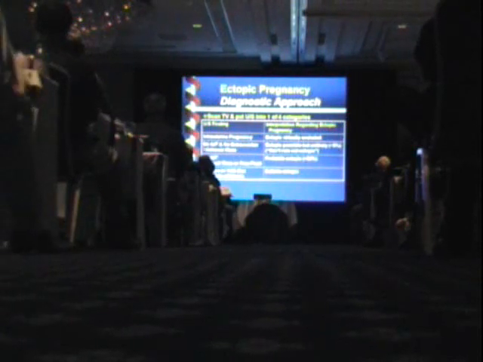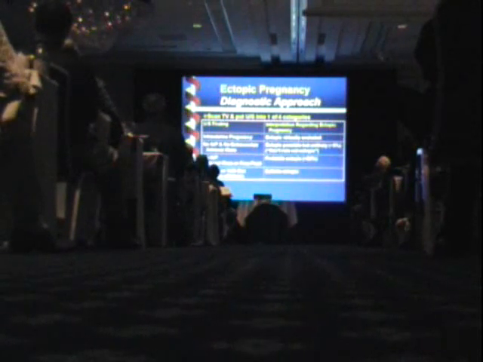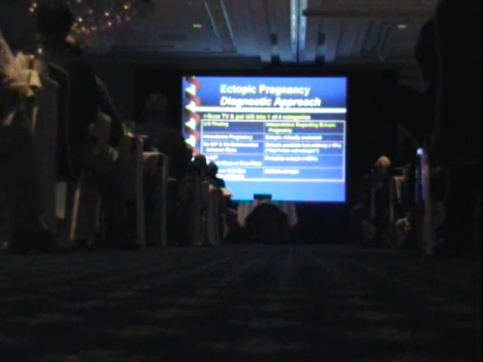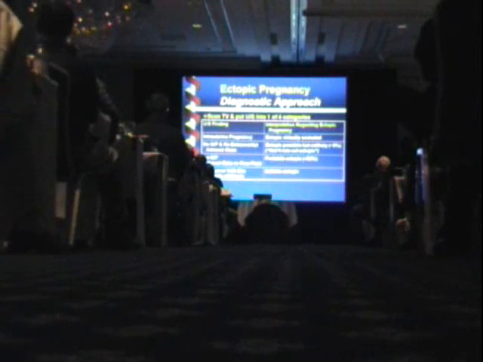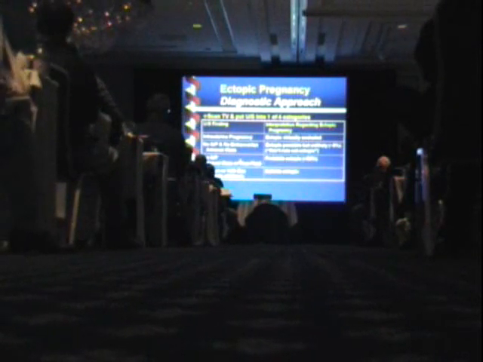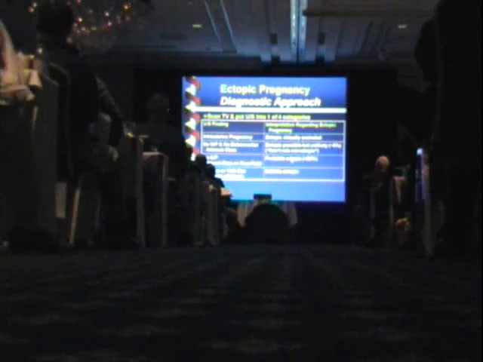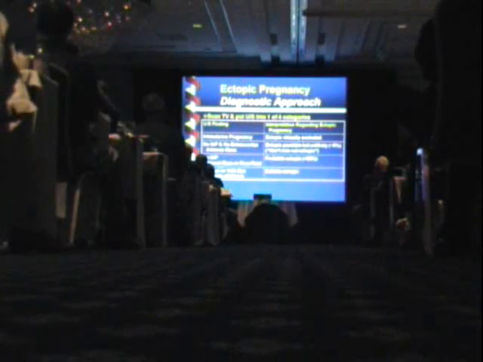If you see no intrauterine pregnancy and no adnexal mass outside the ovary, you can say that ectopic is possible, but unlikely. It's about a 5% chance in a routine ectopic patient. If you see no intrauterine pregnancy and an adnexal mass outside the ovary or a large amount of free fluid, it's a probable ectopic pregnancy, over 90%. And if you see an embryo or yolk sac outside the uterus, it's a definite ectopic pregnancy.